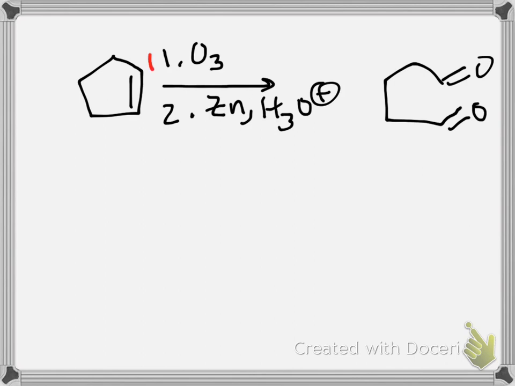So for instance, if I do 1, 2, 3, 4, 5, I have 1, 2, 3, 4, 5. If you draw things in as similar a shape as possible, then you will avoid having to actually manually count the carbons.